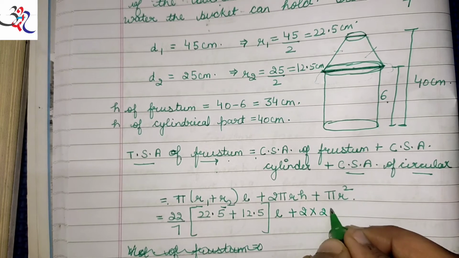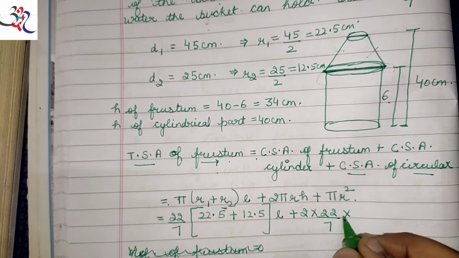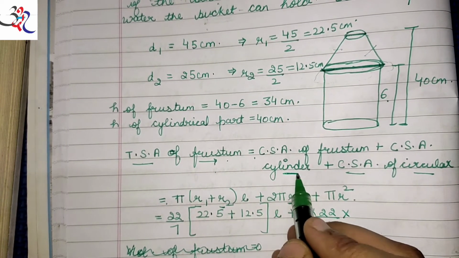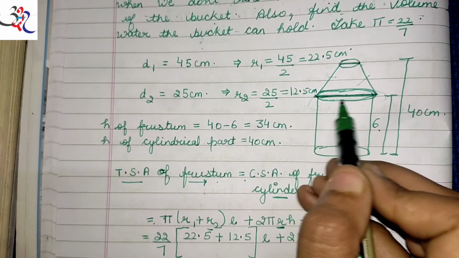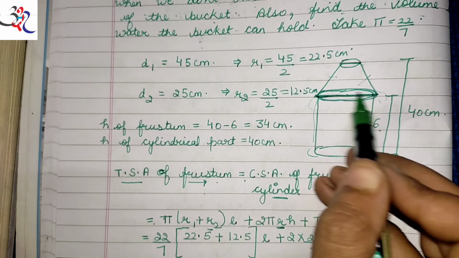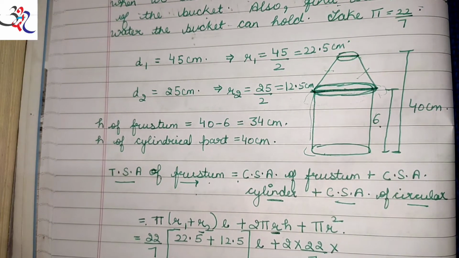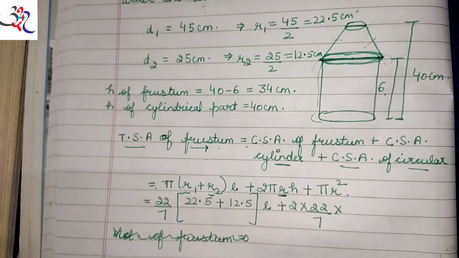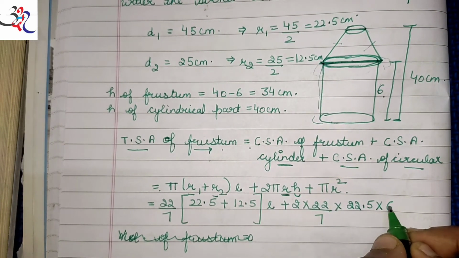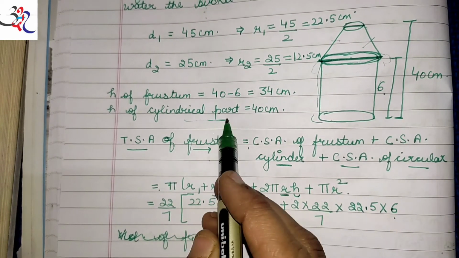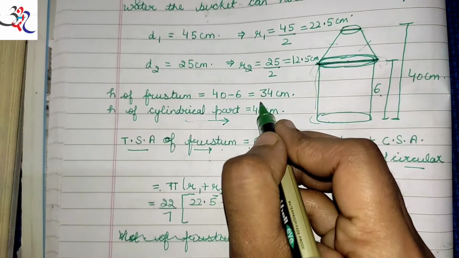Plus 2 into 22 by 7 into r, the cylindrical radius, which is equal to R1, 22.5 centimeter, and the height of the cylindrical part is 6 centimeter.